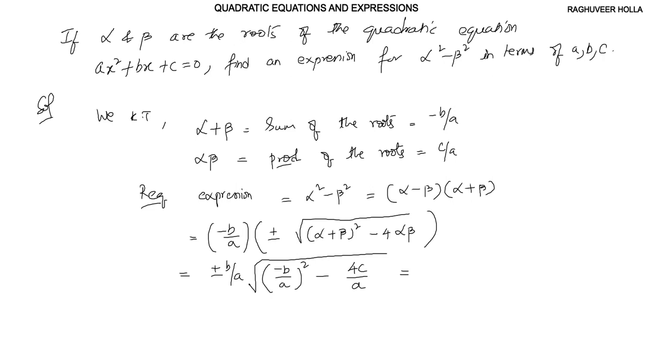When we simplify this further, this will be equal to plus or minus b by a squared times the square root of b squared minus 4ac.